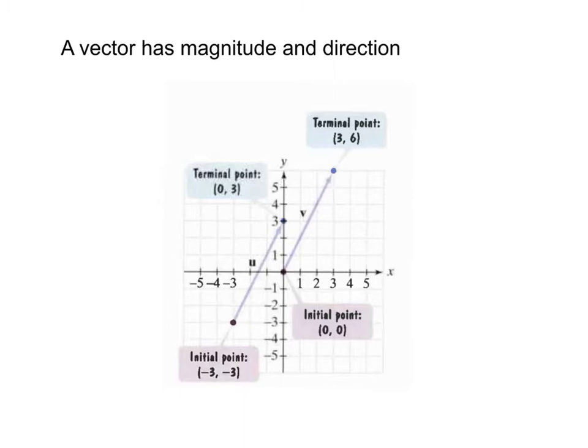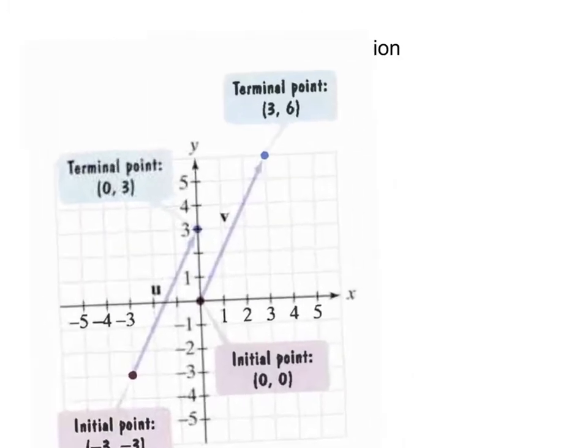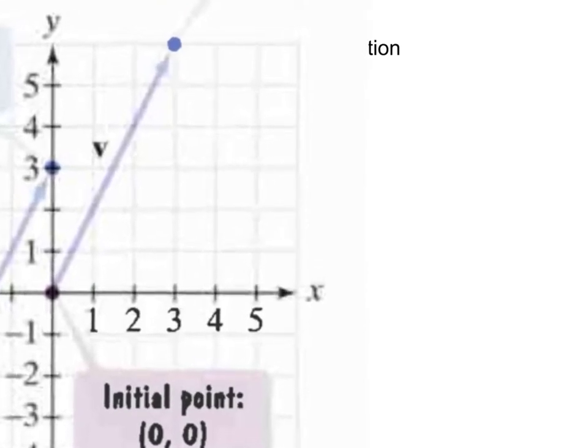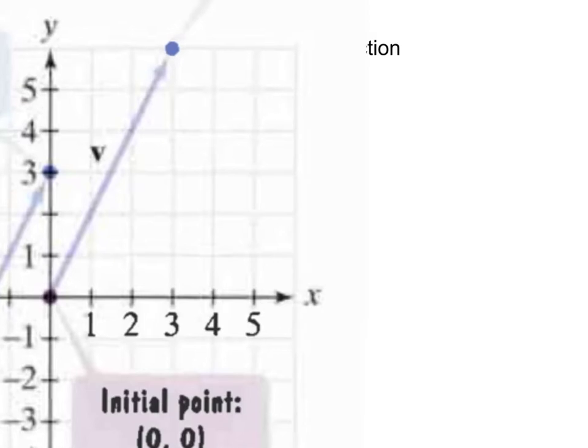So a vector, again, has magnitude and direction. How am I going to measure the magnitude and the direction of something that's on the coordinate plane? If we're looking strictly at V, magnitude would be the distance from here to here, and direction would be the slope. So let's write that down.